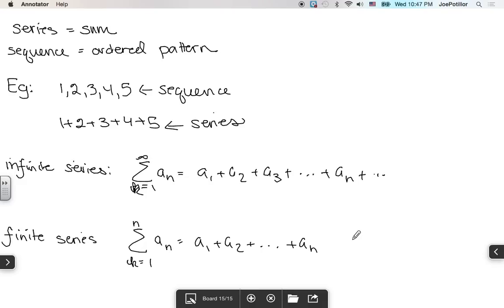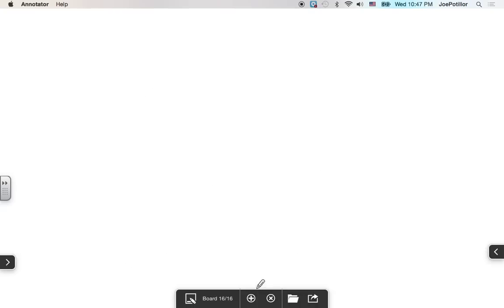Now that you know the properties, we can quickly do some examples of how to add with them.